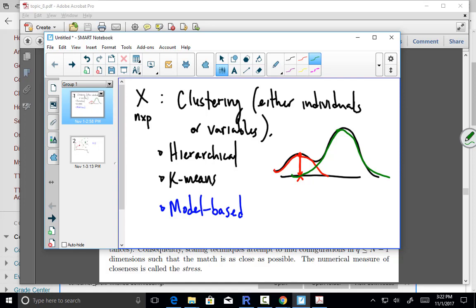In the video I posted last week where I went through simulated data, I had a few simulated data sets that we applied clustering to just to illustrate what can happen. One of the illustrations was there's no clustering whatsoever. We have an n by p matrix of numbers, and there is no association between the individuals.